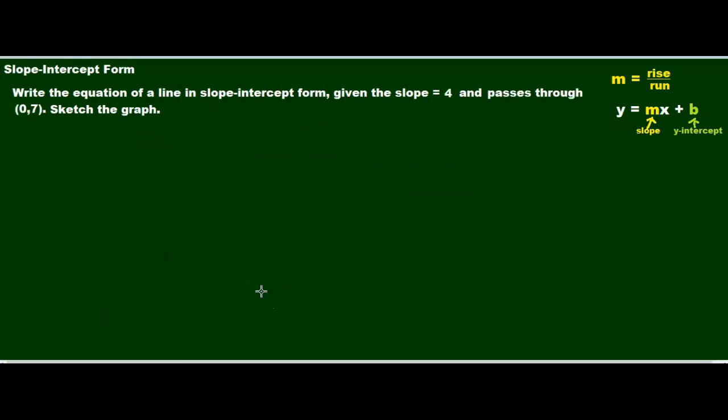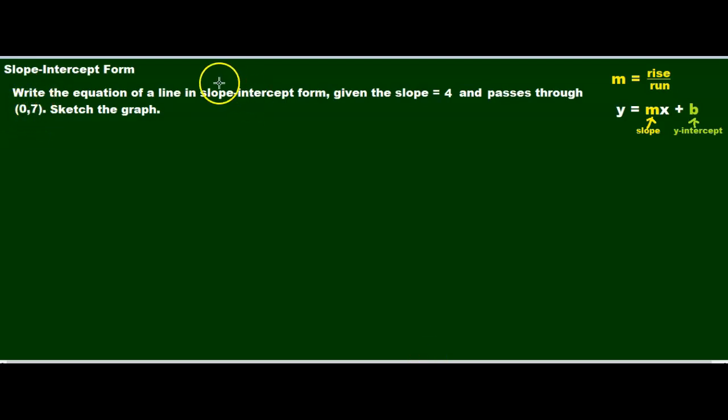This next question is very similar, but phrased a little bit differently. It's a little bit less obvious because even though they gave you the slope which is equal to 4, they're saying it passes through 0, 7. It didn't directly tell you what the y-intercept is. But if you look at the coordinate 0, 7, you'll see that this is actually our y-intercept.